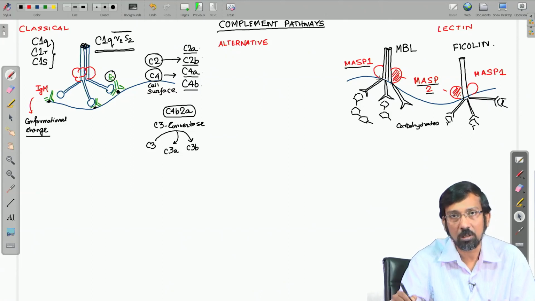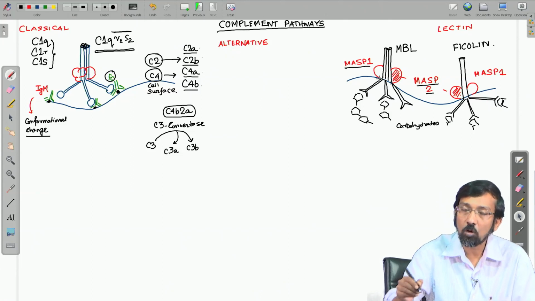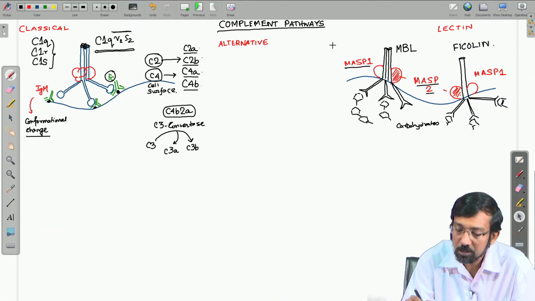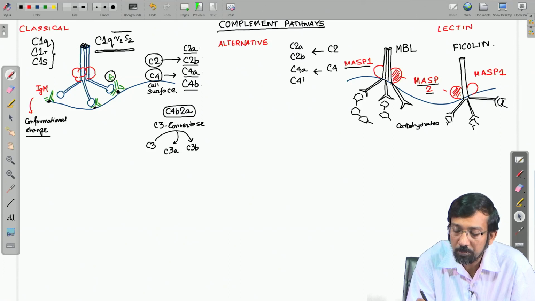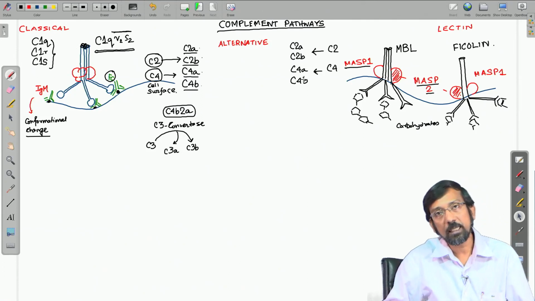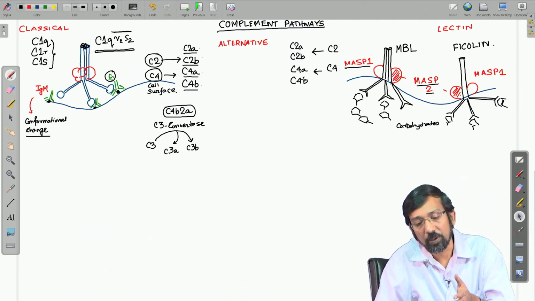this binding occurs, they can also convert C2 and C4 into the broken products C2a, C2b and C4a and C4b, similar to what we have seen in case of the classical pathway.